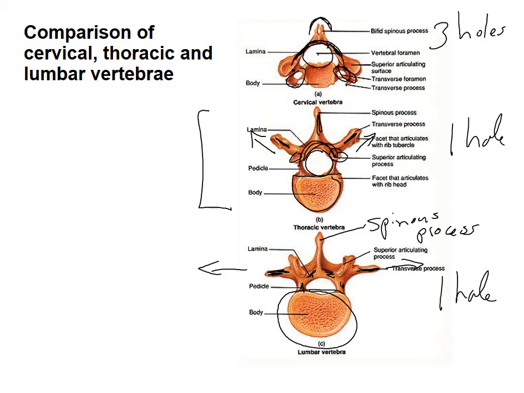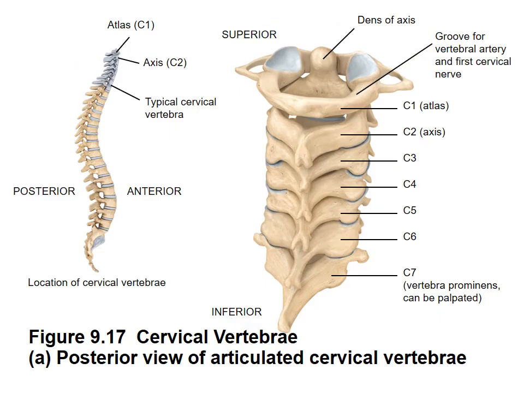Next slide. So here's the cervical vertebrae looking at C1 through C7. Here's your vertebral prominence. You can feel this spinous process here on the back. Go back up to C1. Here's C1, the atlas. And in the little video that I posted, I talked about the superior articular process here and here.